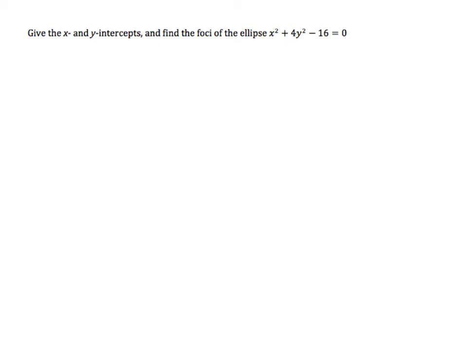All right, let's try another one. Again, I know this is an ellipse, not a circle, because there's a coefficient on one of the variables. So first thing that needs to happen, 16 needs to go to the other side. So we have x squared plus 4y squared is equal to 16. Now I need to set this equal to 1, so I divide by 16 on both sides.